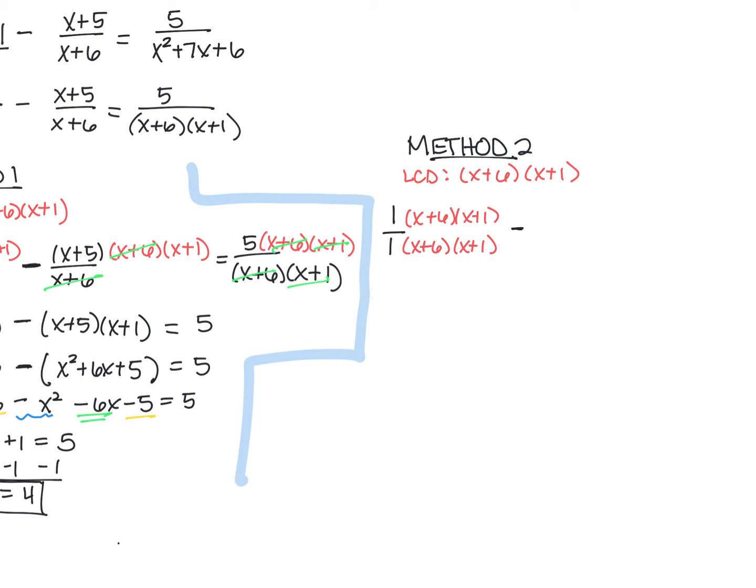This was minus x plus 5 over x plus 6. So this fraction is missing the x plus 1. And then this fraction is missing nothing. So I multiply the fractions by only what is missing.